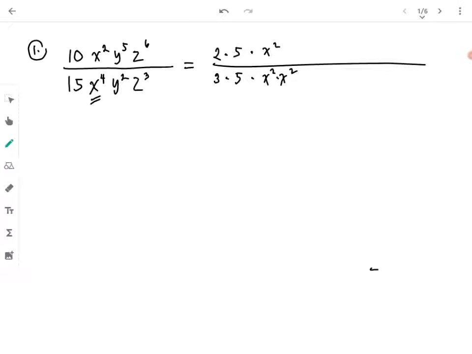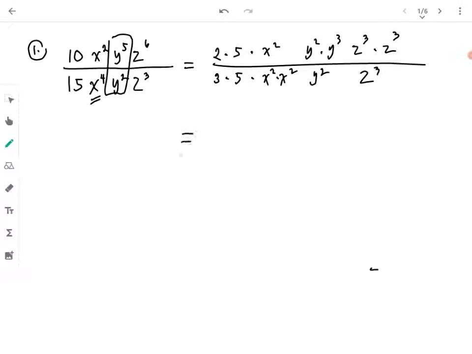Then y raised to 5 with respect to y squared, we can factorize as y squared times y cubed, because y squared and y cubed is y raised to 5. Then z raised to 6 with respect to z cubed, we can express as z cubed times z cubed. Then below we have z cubed also.